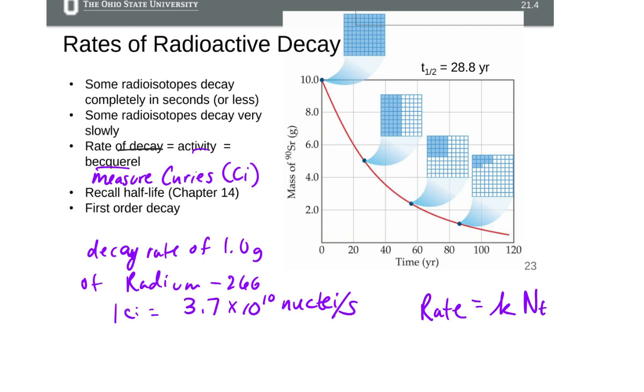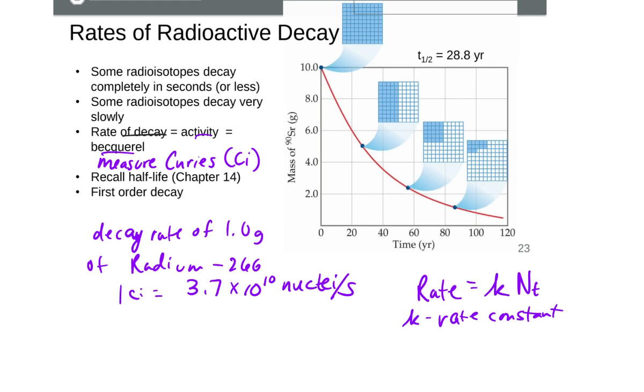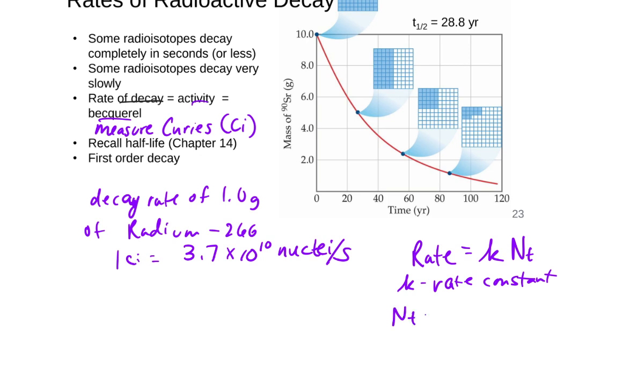Okay. So again, k is the rate constant, just like we saw in chapter 14. And then N sub t is the number of nuclei at a given time.